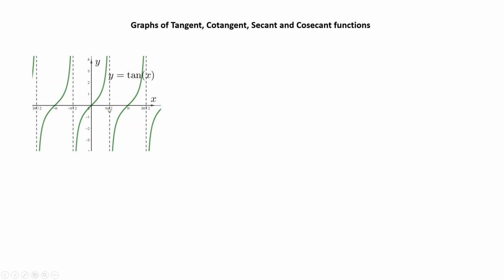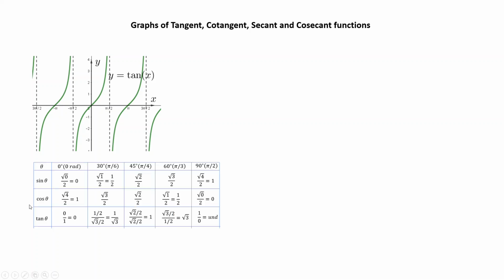Not integer multiples, odd integer multiples. How about that? 1 pi over 2, 3 pi over 2, 5 pi over 2: 1, 3, 5, 7. These are all odd numbers, right? Negative odd integers also, negative 1, negative 3, negative 5, for those multiples of pi half, we also have vertical asymptotes. That's the key.